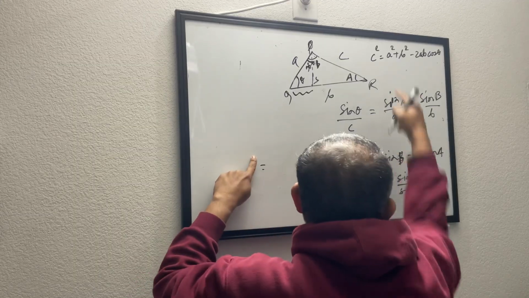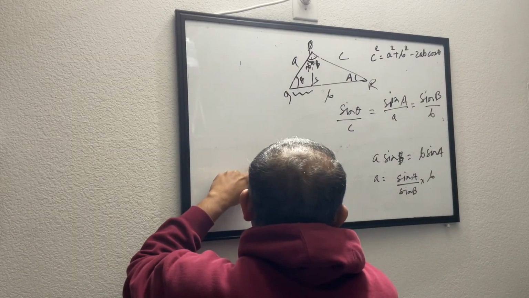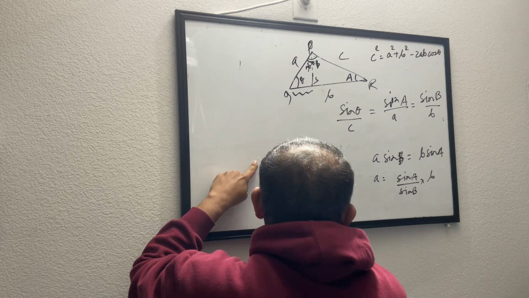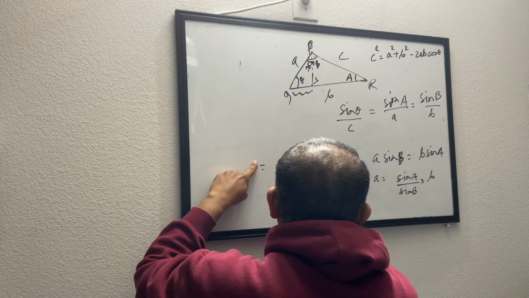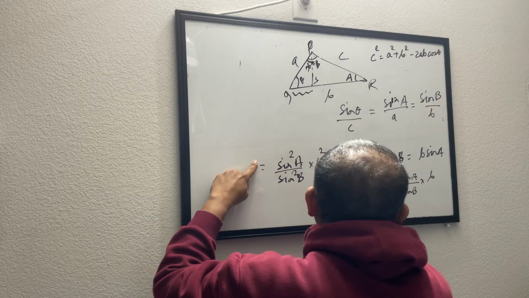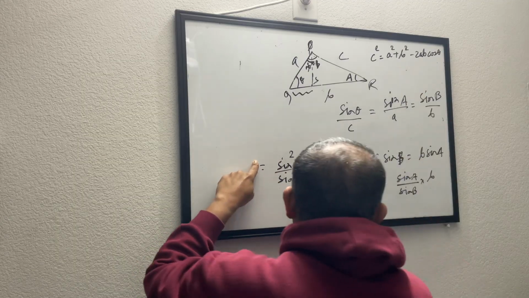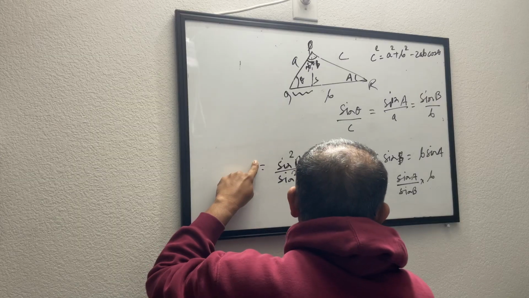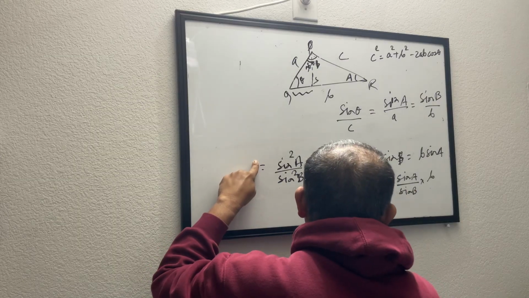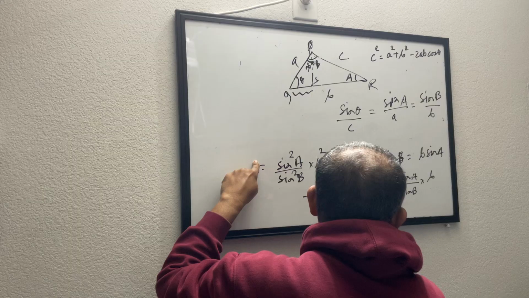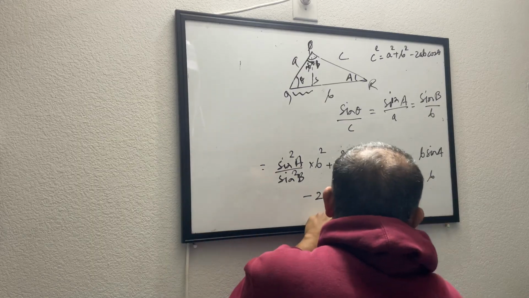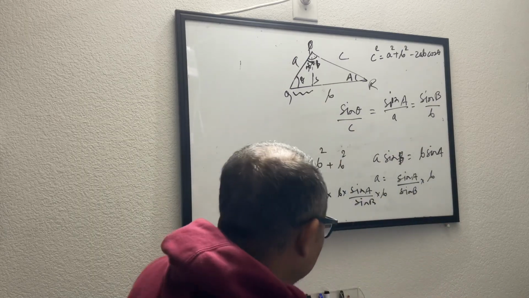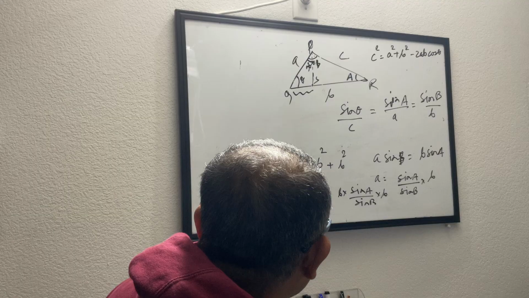In place of A, I will put this whole thing. So it becomes sine square A by sine square B times B square plus B square minus 2 into A. I will replace A with B into sine of A by sine of B. This is my A times B. What am I getting?